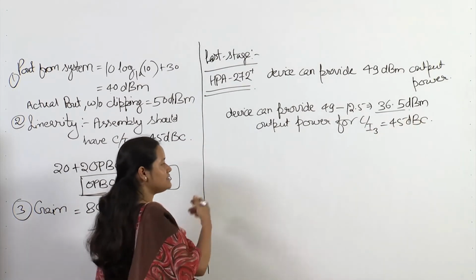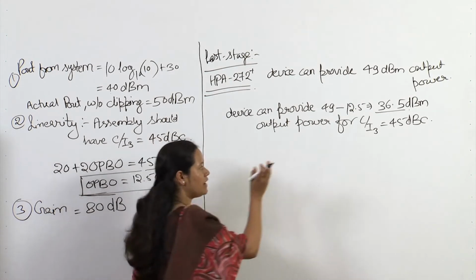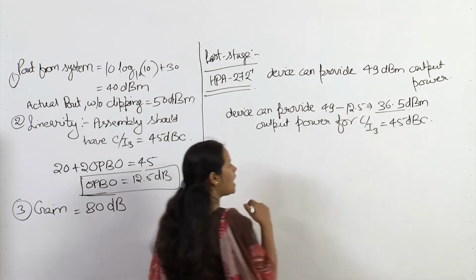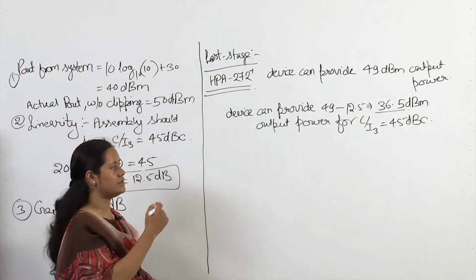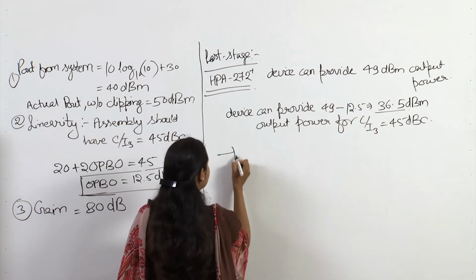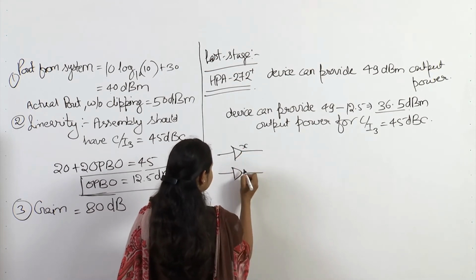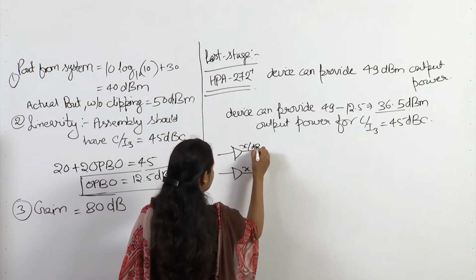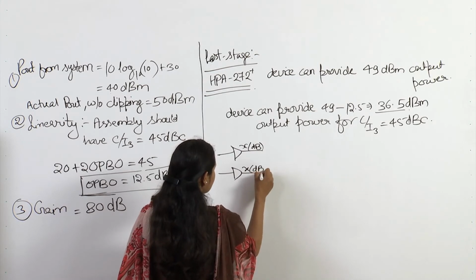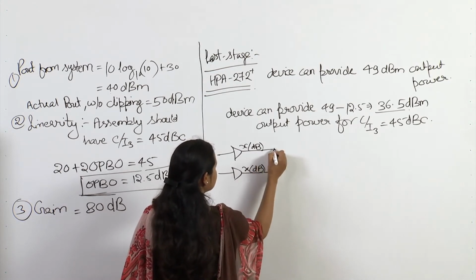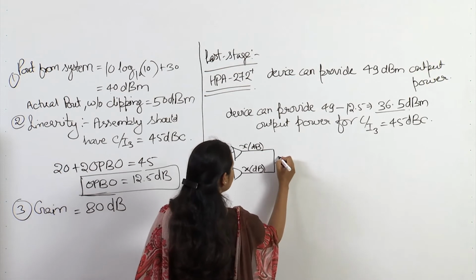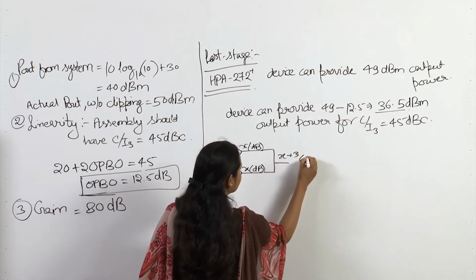In the last lecture we also discussed how we can calculate the number of parallel stages. We discussed that when we add two devices together and they have x dB power value, then this combination gives you x plus 3 dB power.